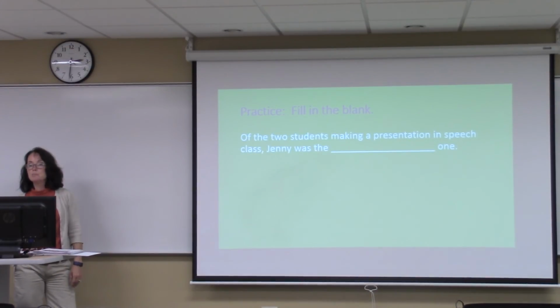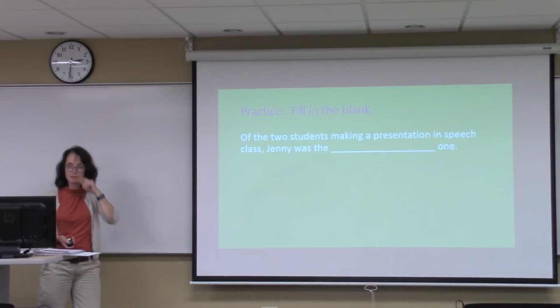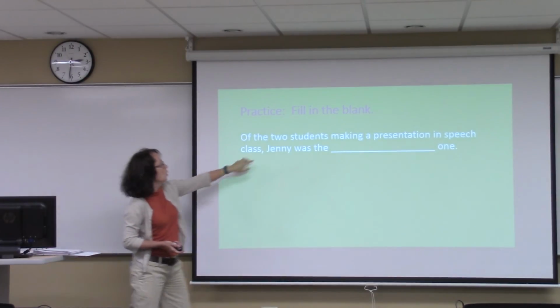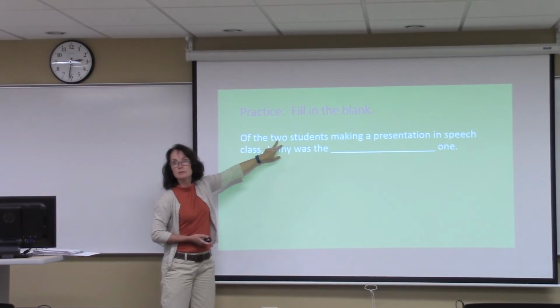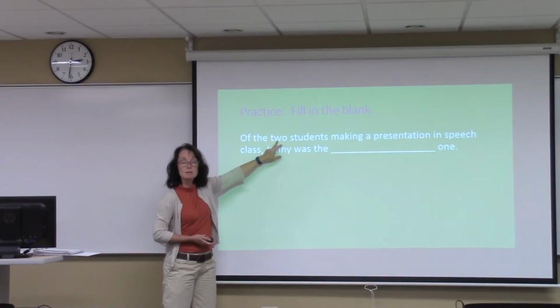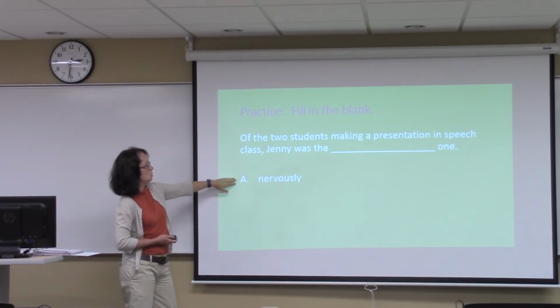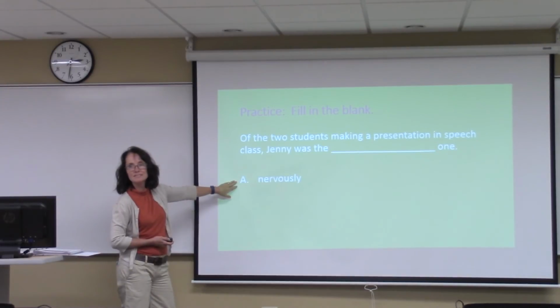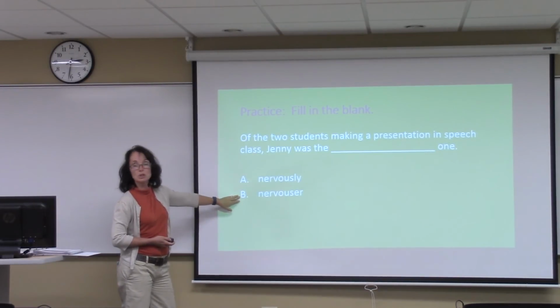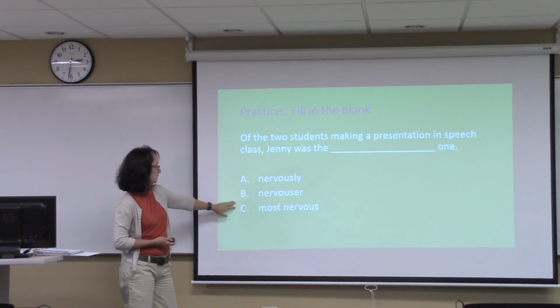Of the two students making a presentation in speech class, Jenny was the blank one. We know there's two students. ER, more or less. Yes? Okay. Nervously, Jenny was the nervously one? No. Nervouser, it's an ER, but it doesn't make any sense, does it?